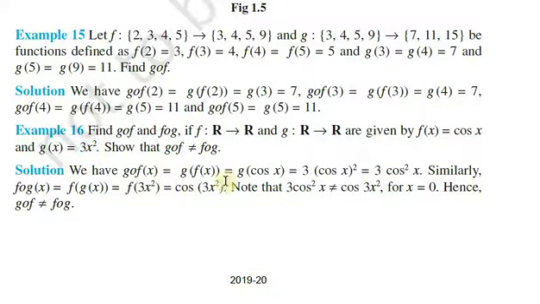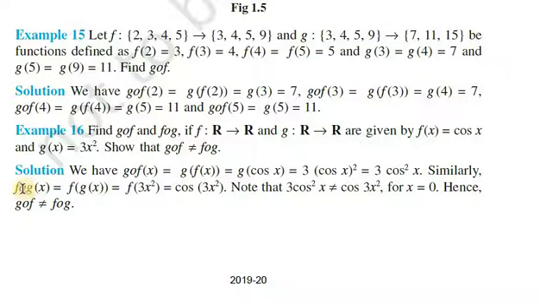Inside the bracket you have cos x, so you multiply cos x by 3 and square that. So it is 3 cos squared x. This is the notation from trigonometry, so you know that.